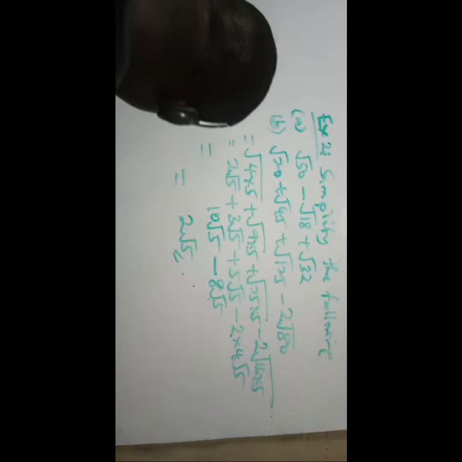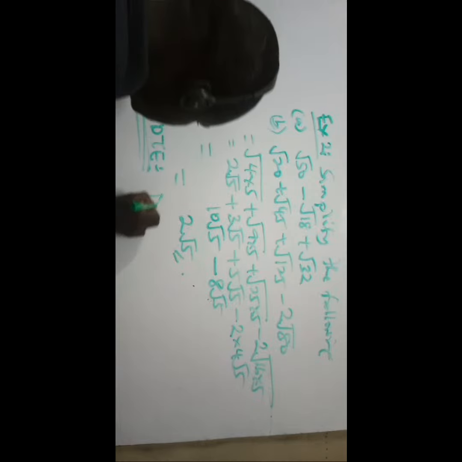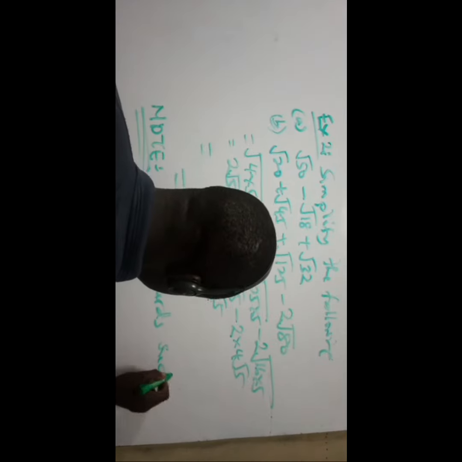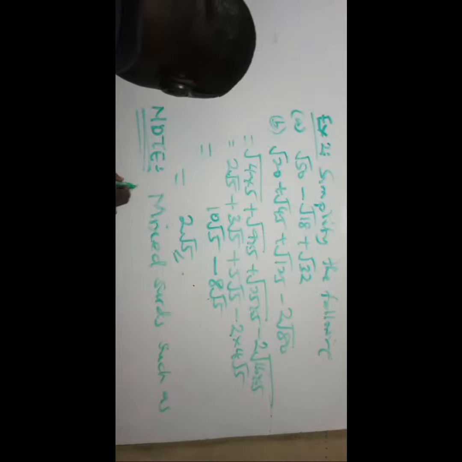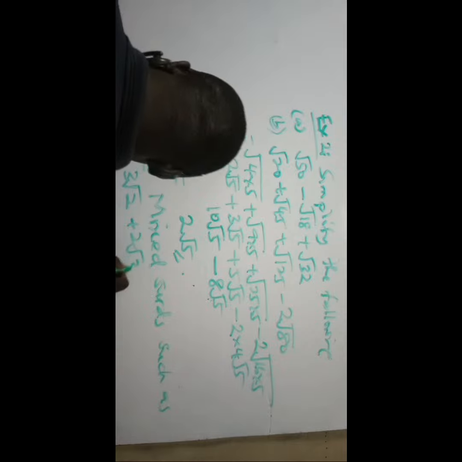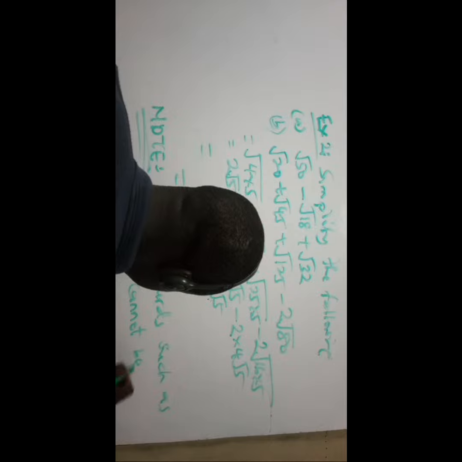So I want us to note something. Let's note that mixed surds, such as 3 square root of 2 plus 2 square root of 3, cannot be simplified further.